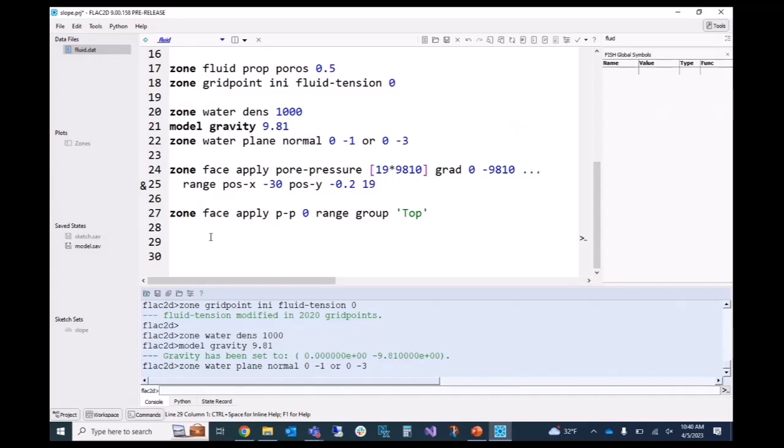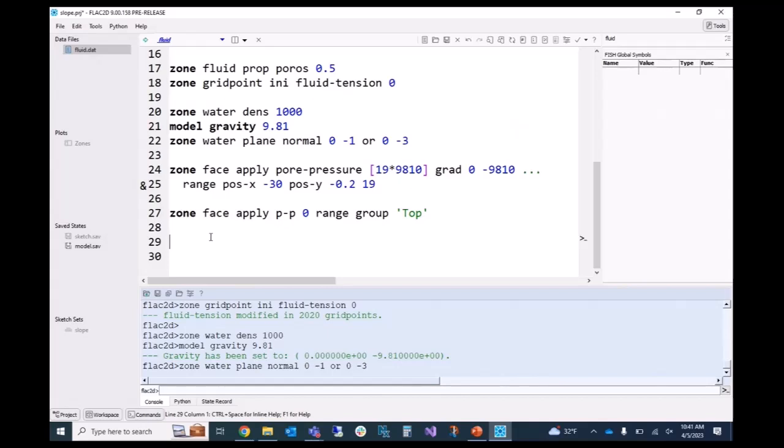But we want to essentially, at least on the left side and the right side, fix those pore pressures, right? Because often into infinity, that's what the water table is. So on those boundaries on the left side and the right side, we want to fix that pore pressure that we set already so that it doesn't change, because we're approximating this infinite water table out to the sides.